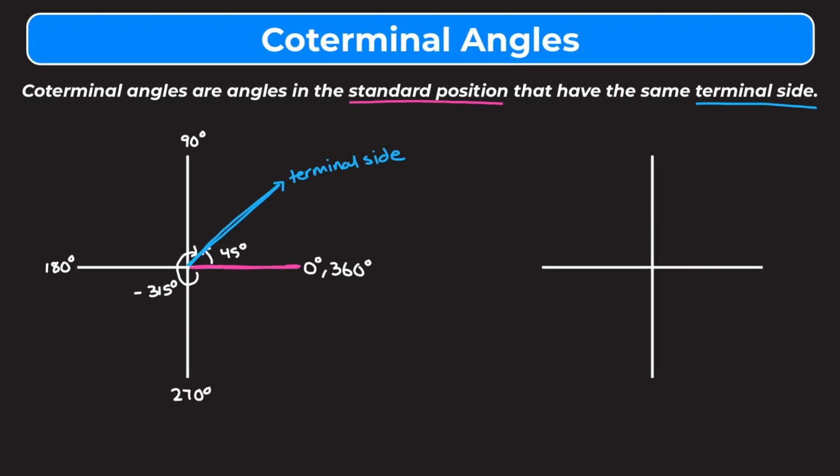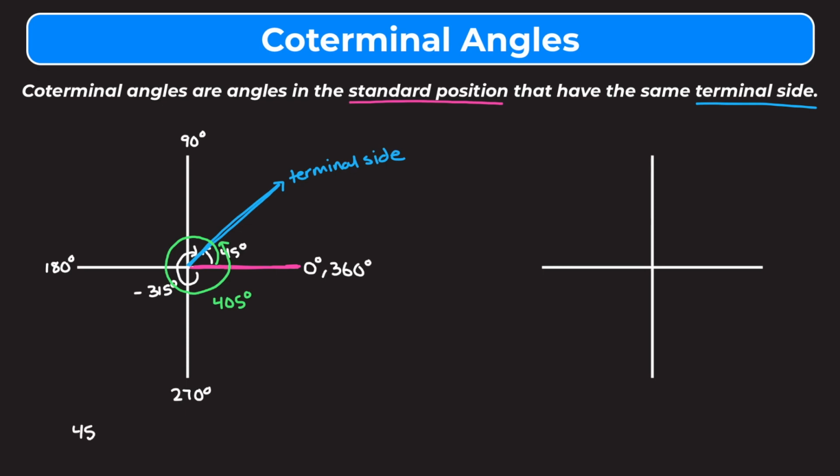So if I start at the pink line again, it's going to get a little messy. I want to go around once, 360 degrees, and then 45 more degrees. So I've gone 360 plus 45 degrees, so I've gone 405 degrees. That starts at the pink line and ends at the blue line. So that is also coterminal to 45 degrees.